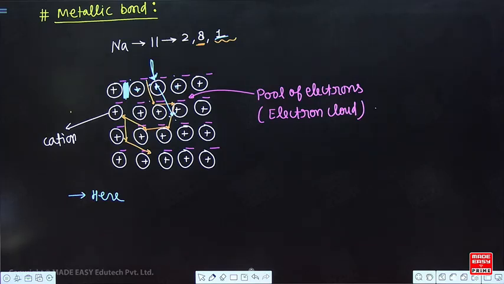The free electrons shield the cations from mutual repulsive force.